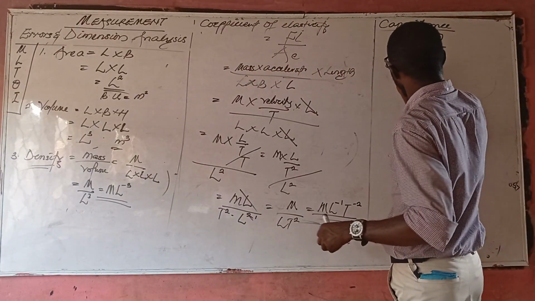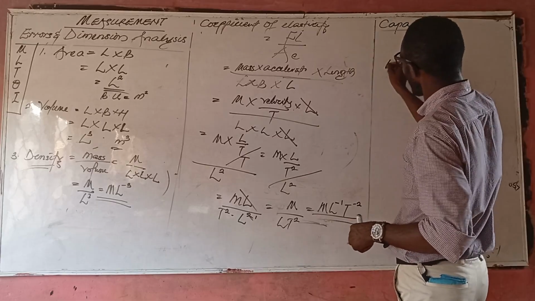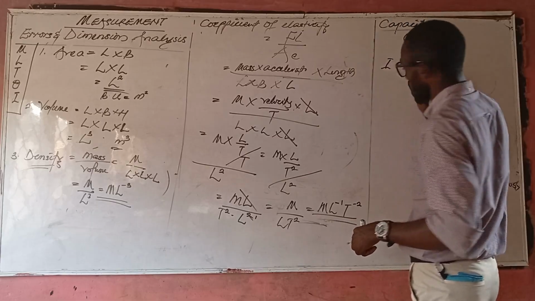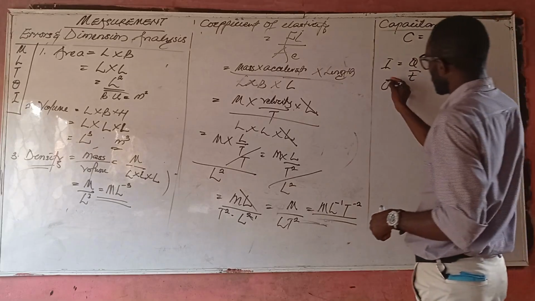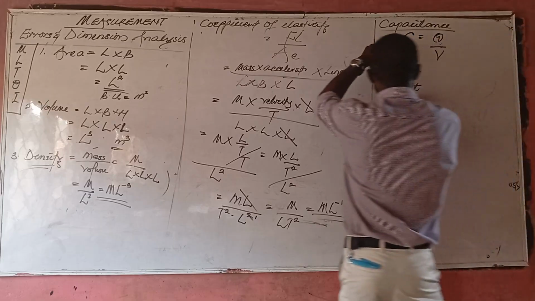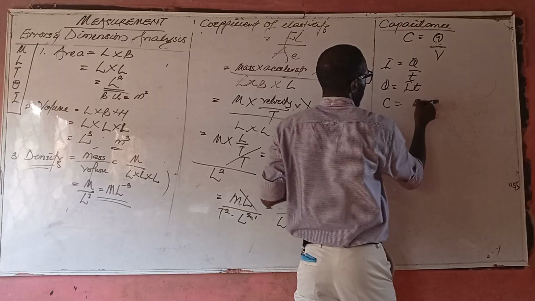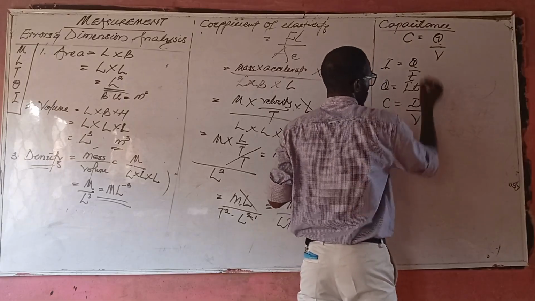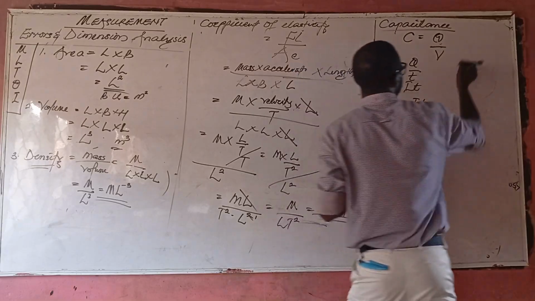And remember that current is time rate of flow of charge, right? So it means that quantity of charge will be current times time. So here, capacitance becomes current times time over voltage.